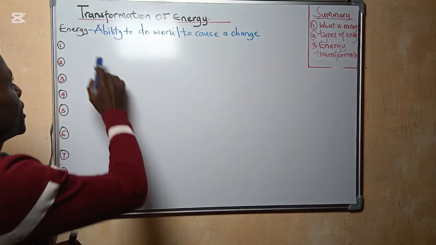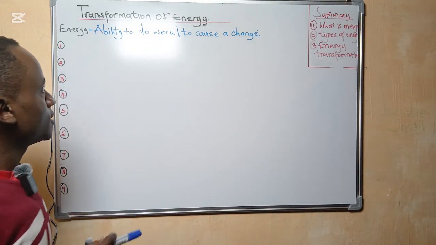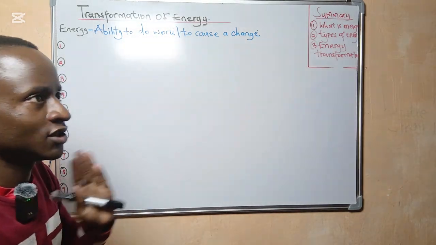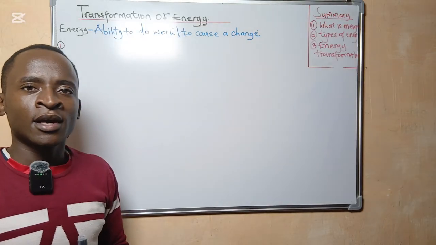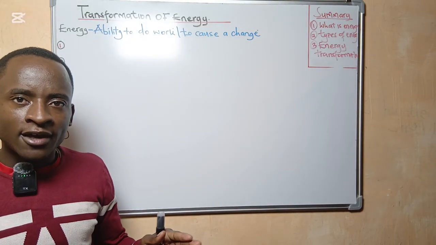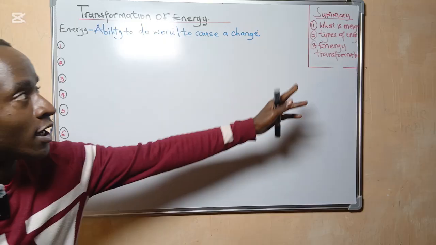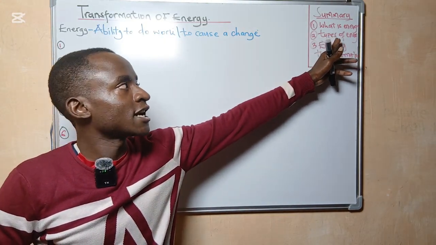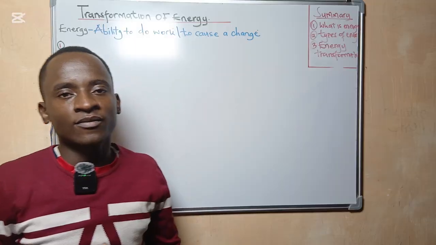Having understood the meaning of the word energy, which is the ability to do work or to cause a change, now we need to look at the forms of energy, our number 2. In the summary section, point number 2 is the types of energy.